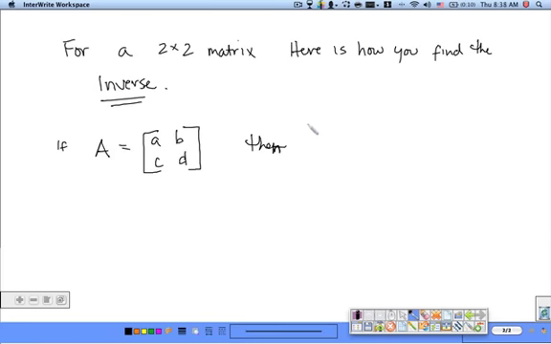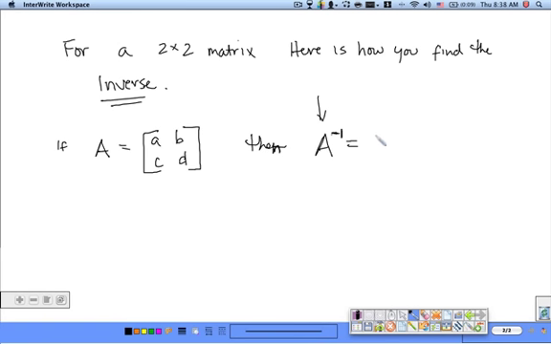For any 2 by 2 matrix, here's how you find the inverse of the matrix. If matrix A is equal to these 4 elements, 2 by 2, then A inverse, if you don't know this, anytime you see something to the -1, A to the -1, that's the inverse of A. So there's A, and the inverse of A is equal to, here's how you find it.